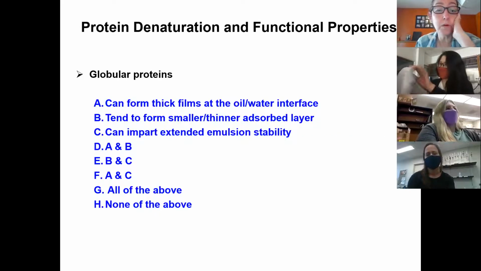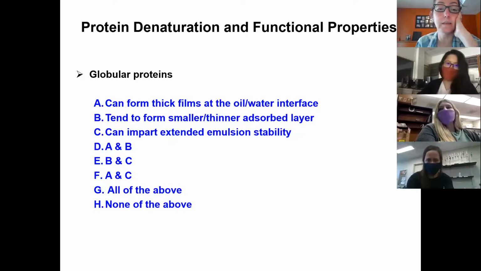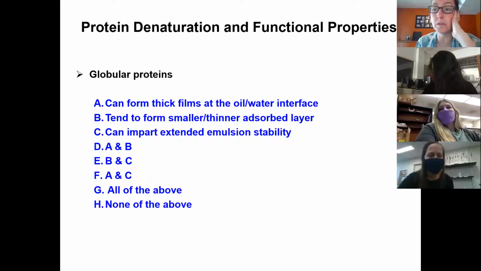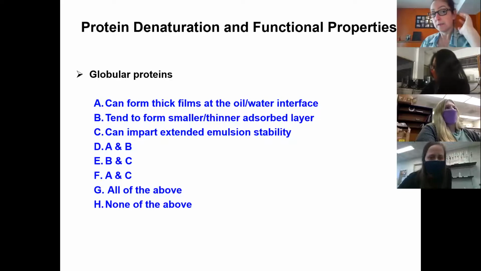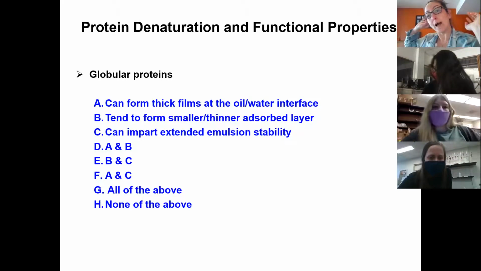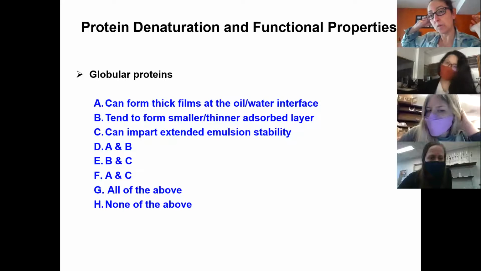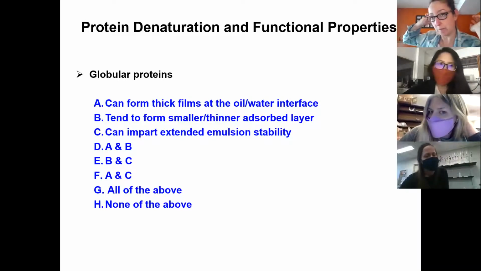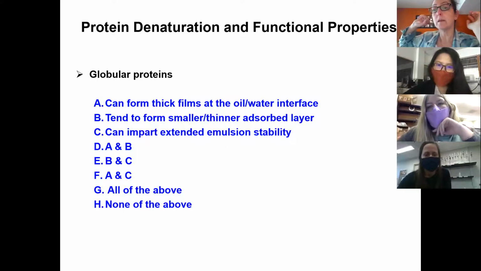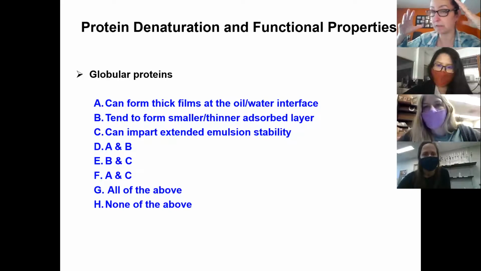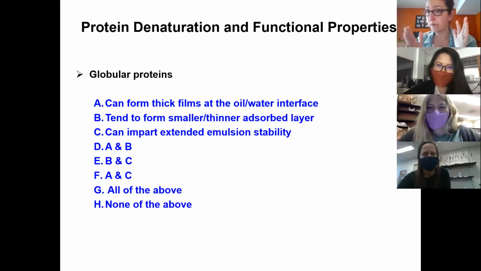So globular proteins can form thick films at the oil-water interface, tend to form smaller, thinner adsorbed layers, and can impart extended emulsion stability. What happens at the interface of the emulsion, we're going to talk about quite a bit when we talk about emulsions, is that the protein unfolds. It moves to the interface because you have two phases.